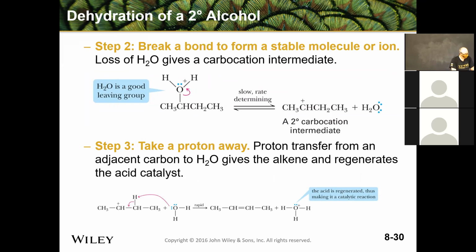That's a slow step. And then in the third step, water comes along and removes a beta hydrogen, a hydrogen on the carbon next to the carbocation. That produces hydronium, and then the pair of electrons in the CH bond moves to form the double bond.